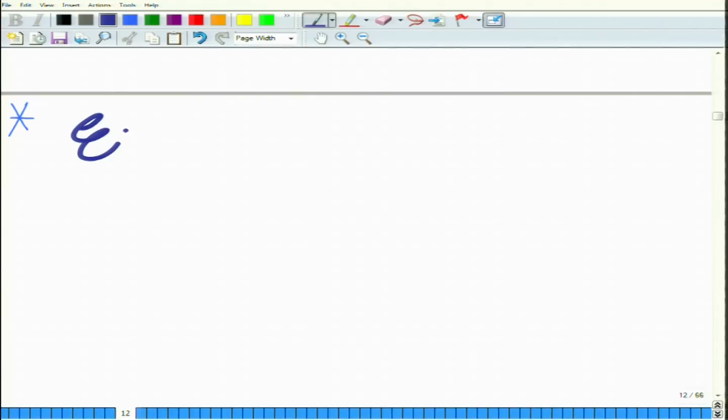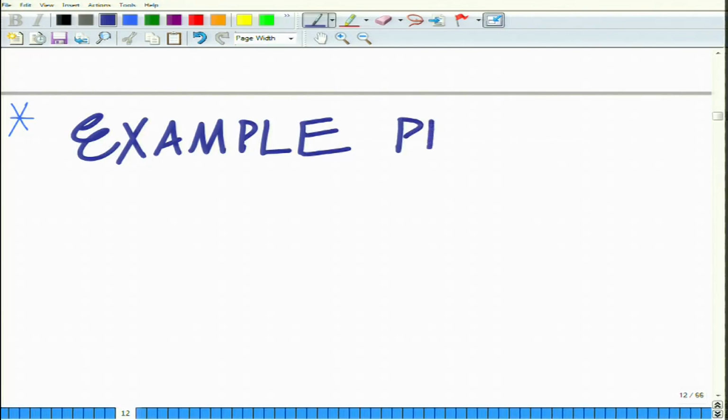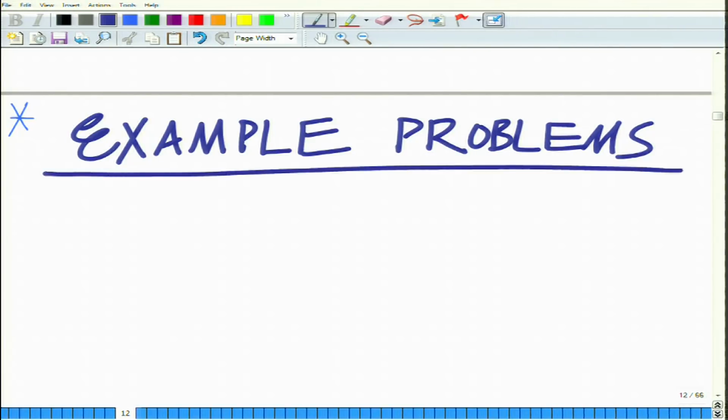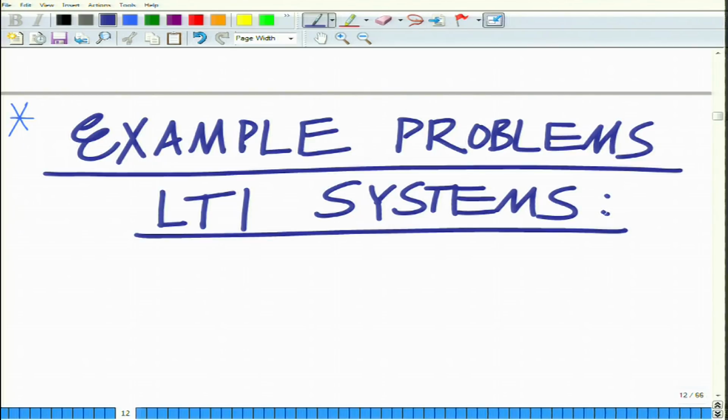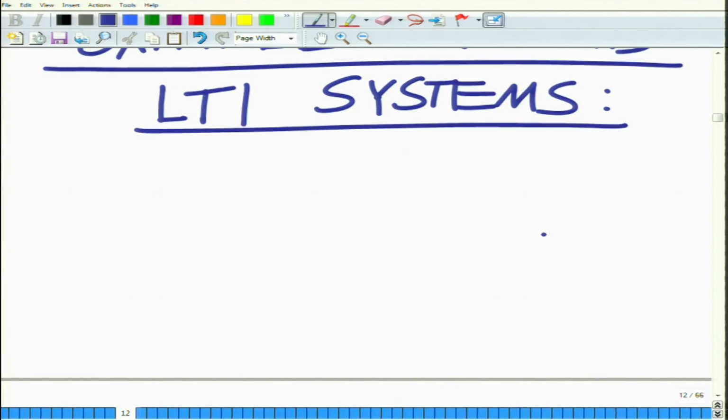So, we are looking at example problems for the analysis of LTI systems. Okay.